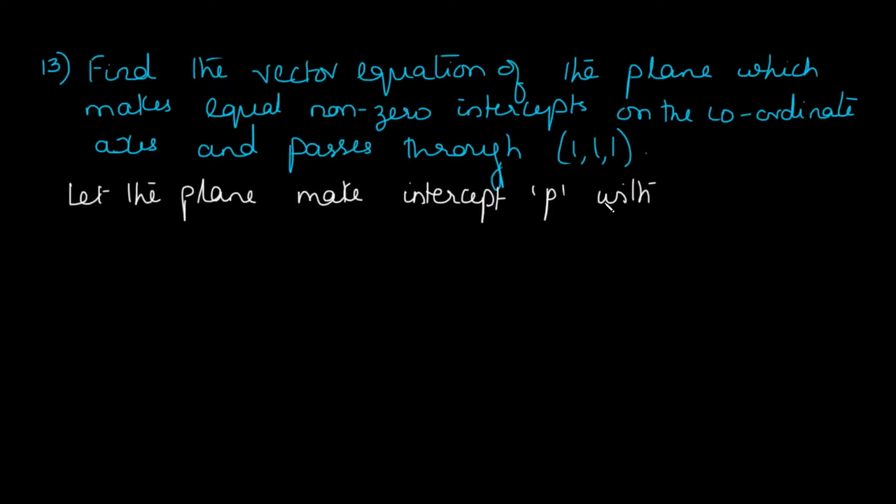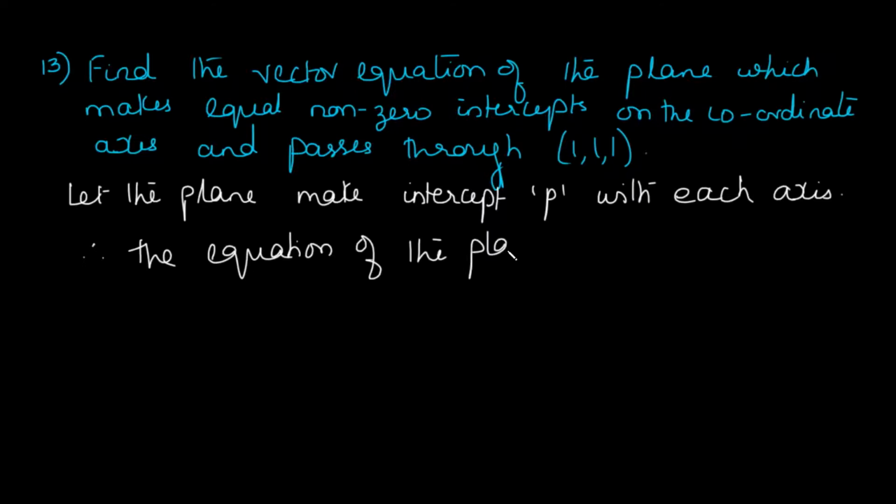The intercepts are all equal, so it can be just p with each axis. Then the equation of the plane in the intercept form can be given as x upon p plus y upon p plus z upon p is equal to 1.